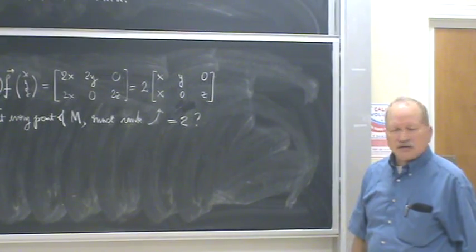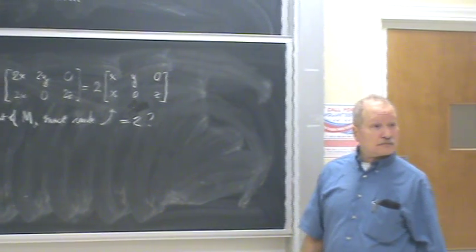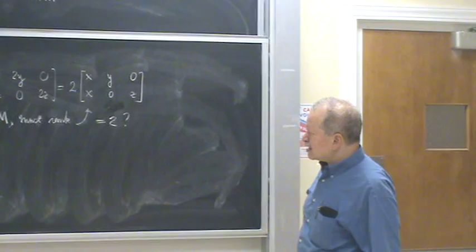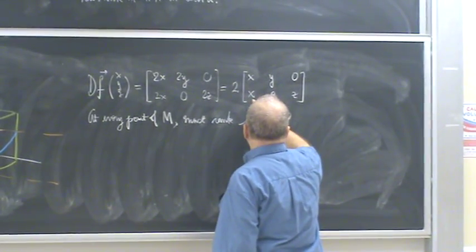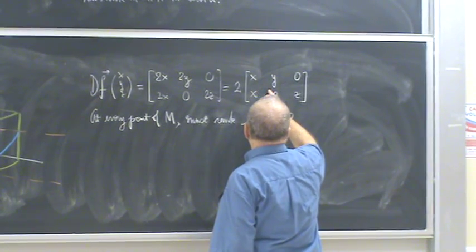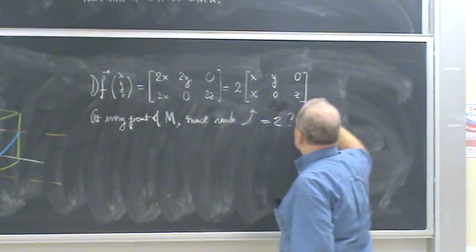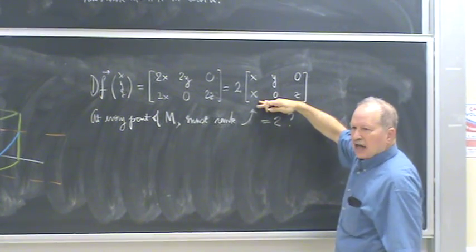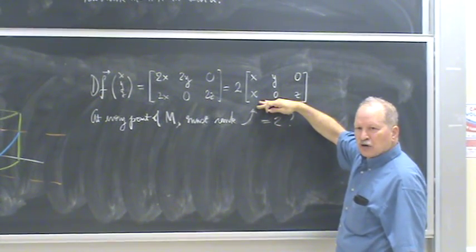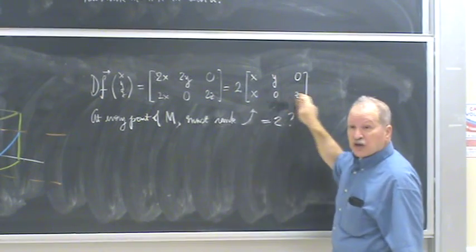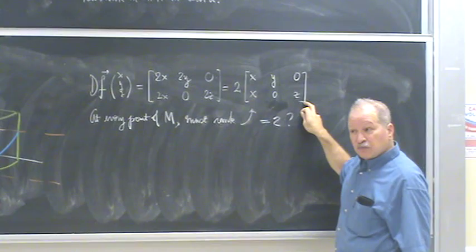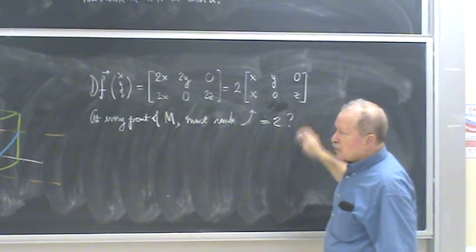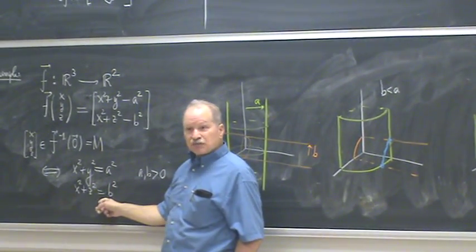X equals A equals B. Hmm? X equals A equals B. So think about this matrix. How could it fail to have two linearly independent rows? Well, neither row can be 0, because you can't have x and y both 0, and you can't have x and z both 0.